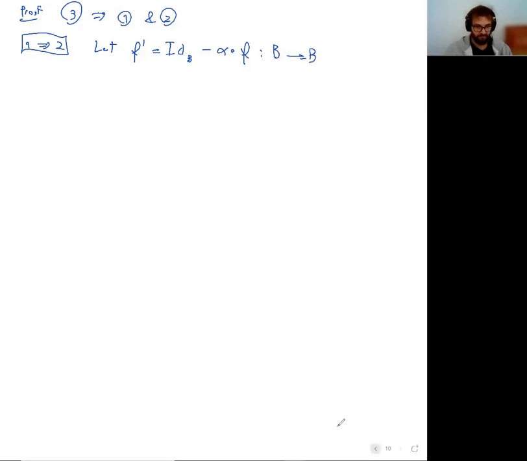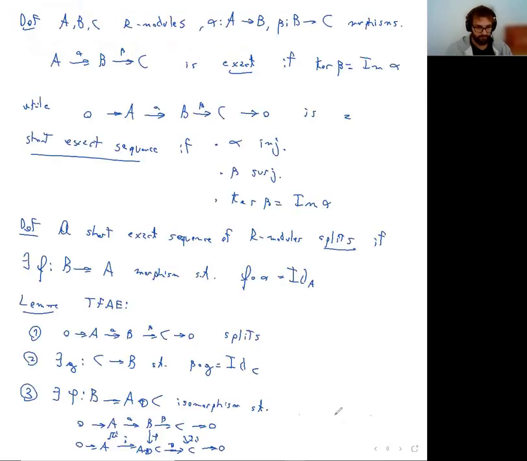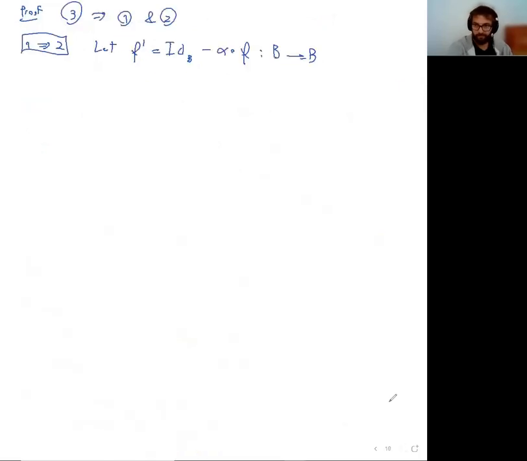Now let's look at it again. So identity minus alpha composed with F, and F is this map that goes back. So what happens if you combine F prime with alpha?